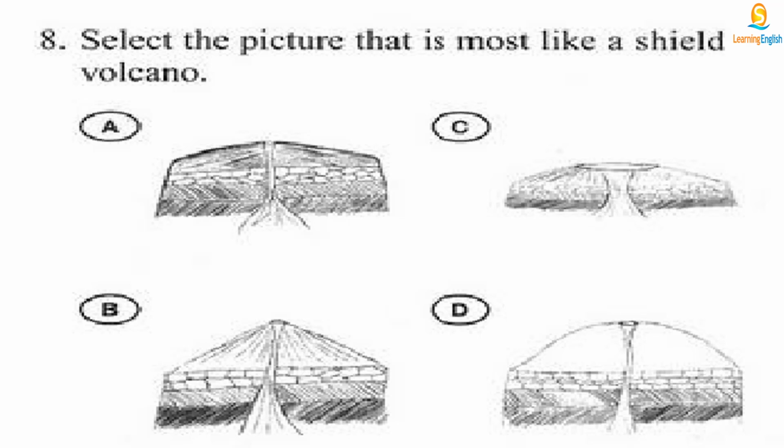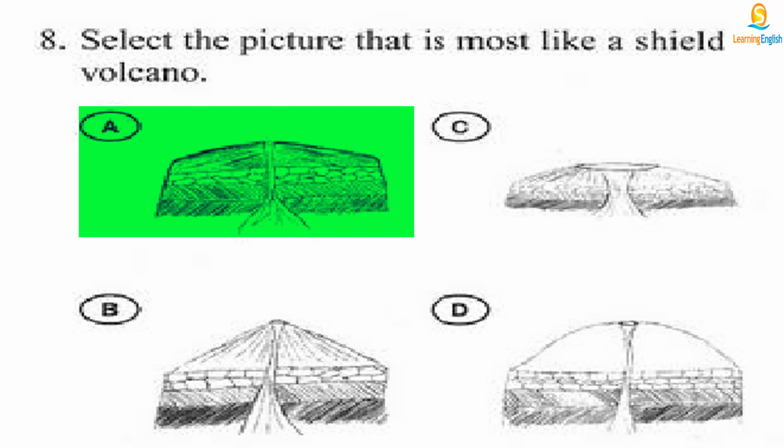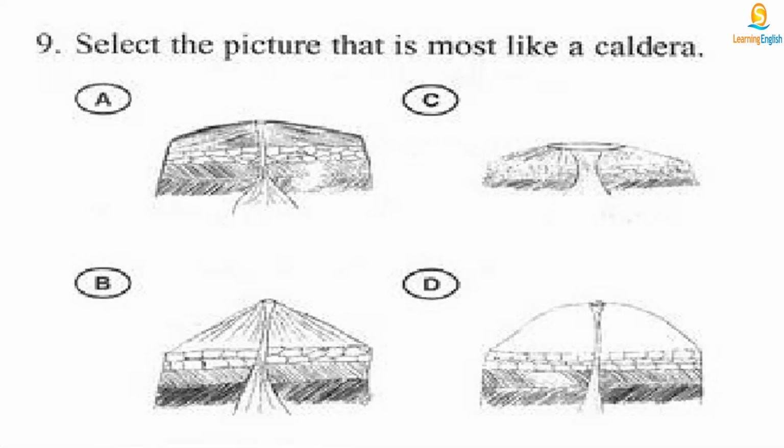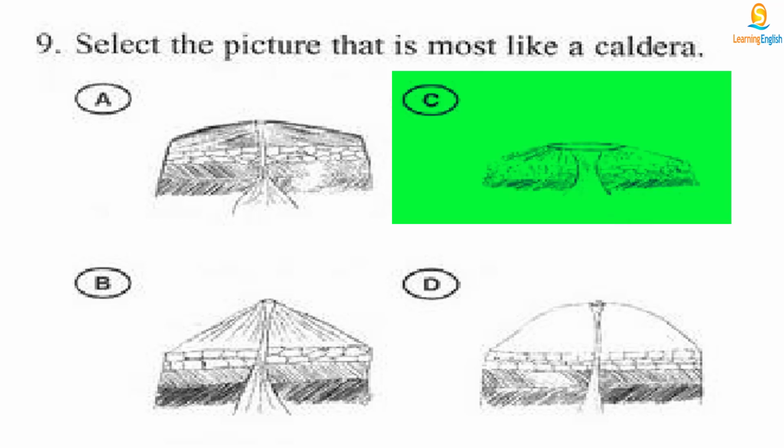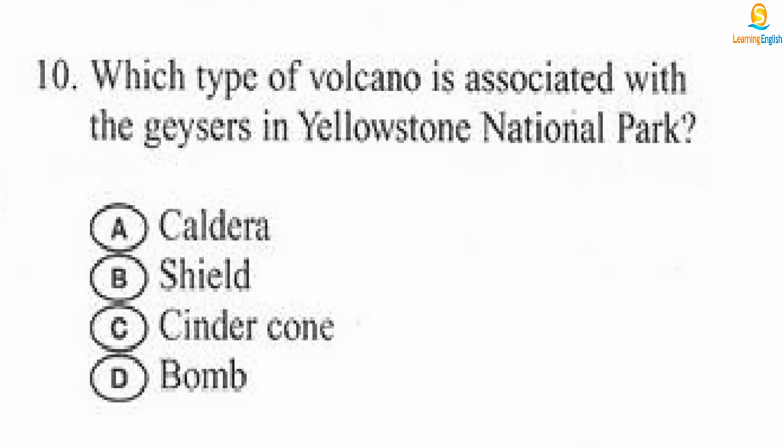Select the picture that is most like a shield volcano. Number 9. Select the picture that is most like a caldera. Number 10. Which type of volcano is associated with the geysers in Yellowstone National Park?